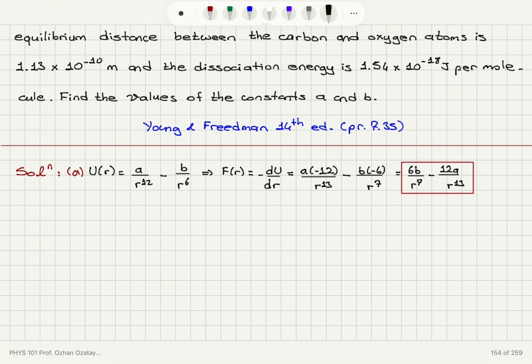So what happens to the potential energy function as R goes to 0?